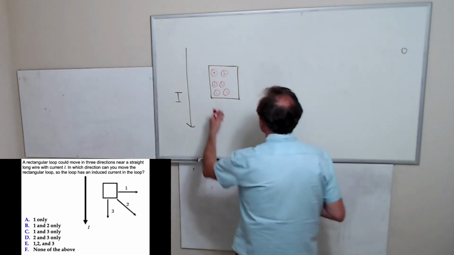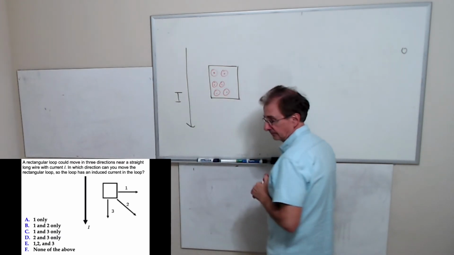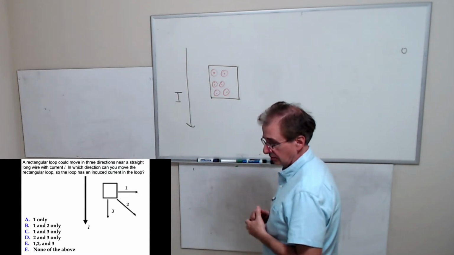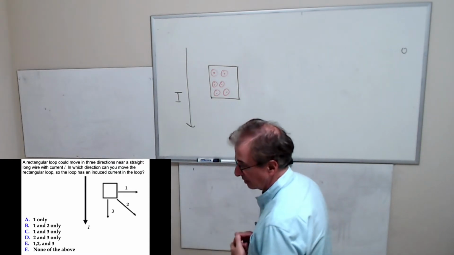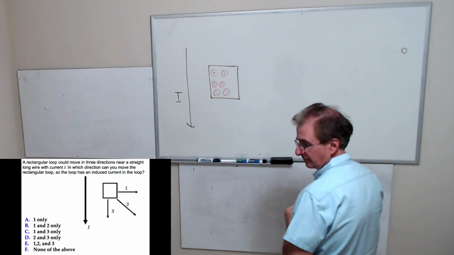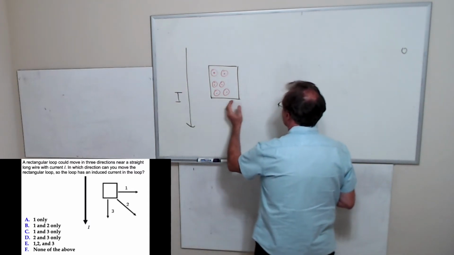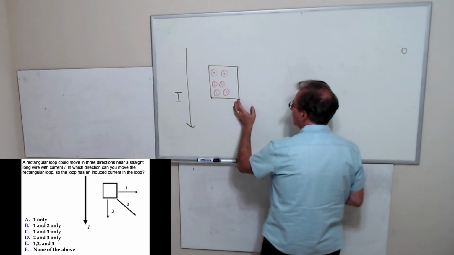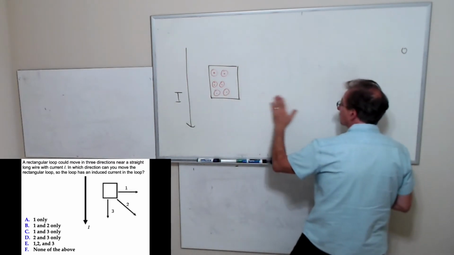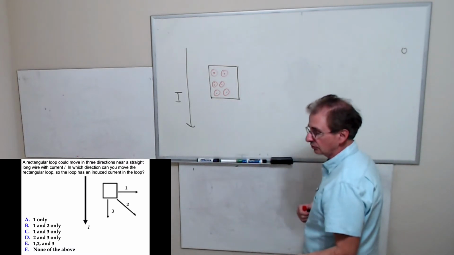If I move this to the right, does the flux change? If I move it to the right, the field everywhere inside here decreases. So the flux will change. So yeah, I can move it to the right and I will get a changing flux. I'm going to induce a current.